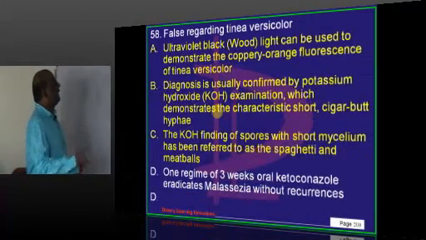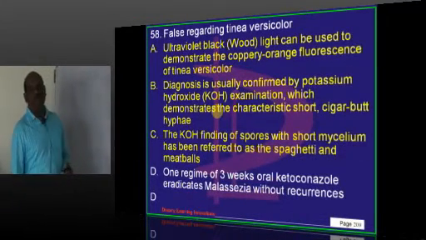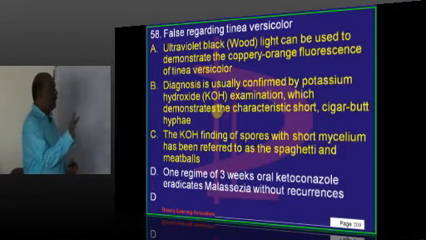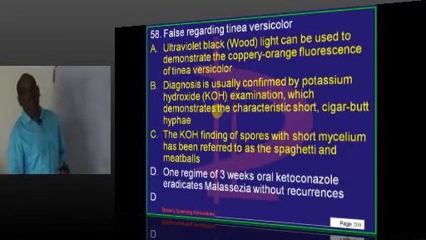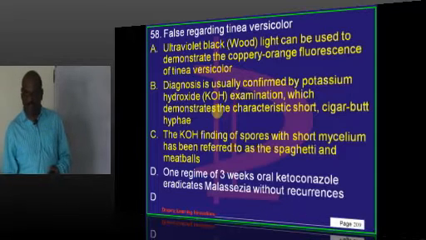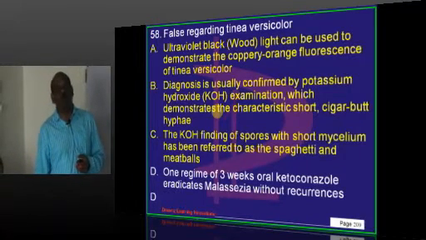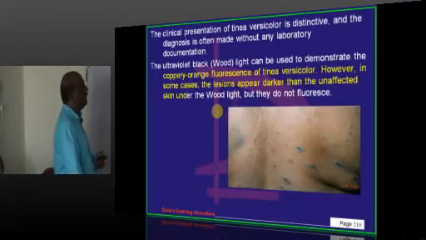About tinea versicolor, what is the wrong statement? Just 3 weeks of regime of oral ketoconazole will not eradicate the Malassezia furfur, which will lead to, what is that appearance called? Italian food in tinea versicolor. Spaghetti meatball appearance, you remember, no?